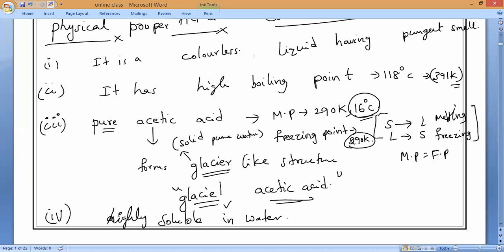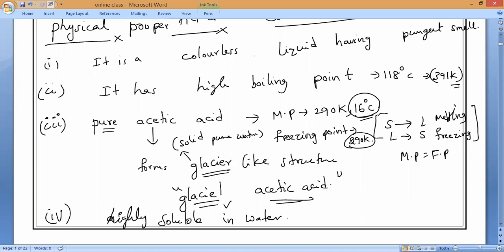Everybody write it. She is asking which point is considered a high melting point. High melting point is not there, Laksha. We only say boiling point, as it is more than 100 degrees Celsius, so we consider it a high boiling point. Melting point is just 16 degrees Celsius, or else the freezing point. Is it okay, guys?